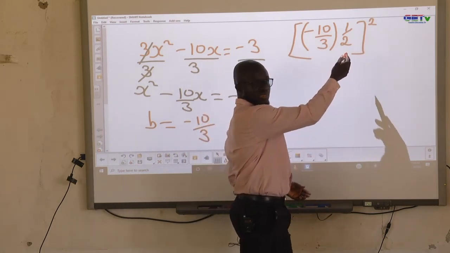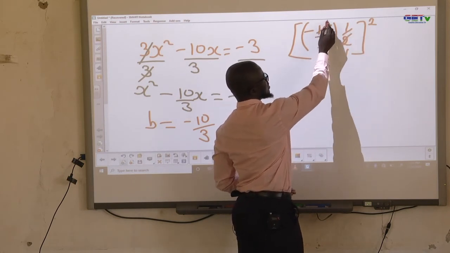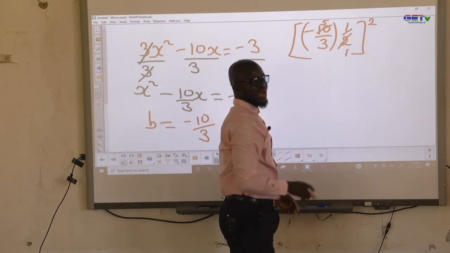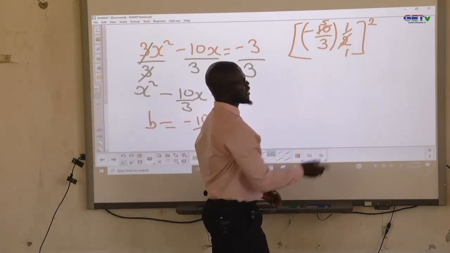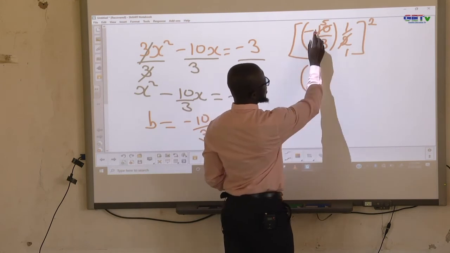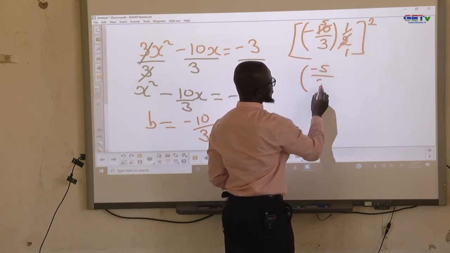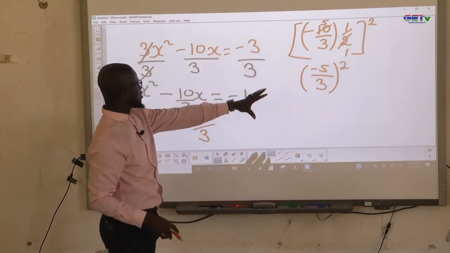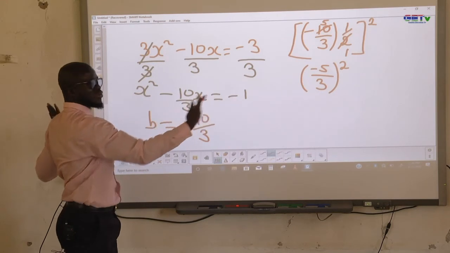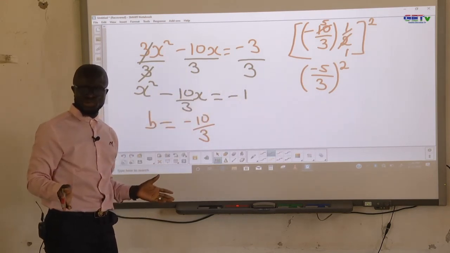I want to cancel. 2 can divide itself once into 10 is 5 times. Are there numbers that we can cancel further? If you multiply negative 5 by 1 will give us negative 5, all over 3 times 1, that's 3, all squared. So we are going to take this and add it to the left-hand side and again to the right-hand side, because that's what the rule states.